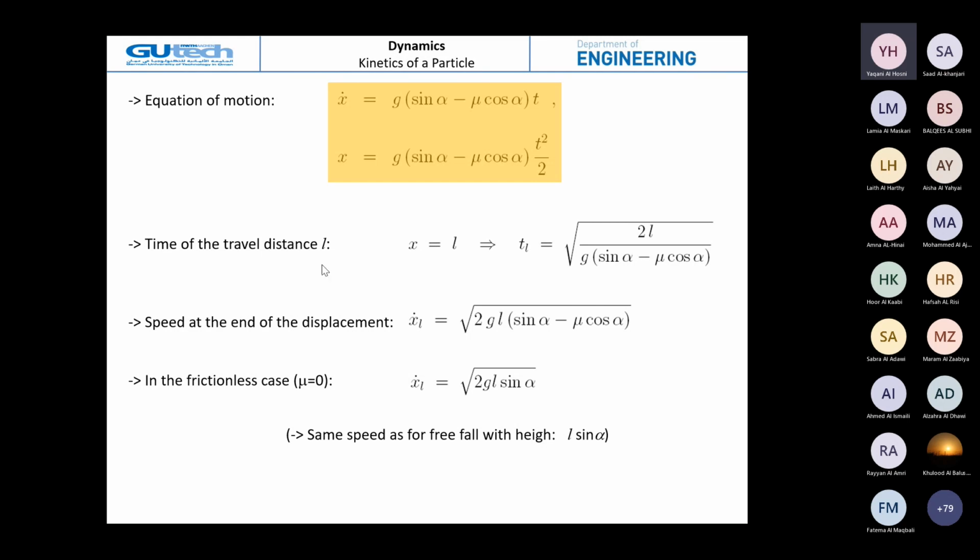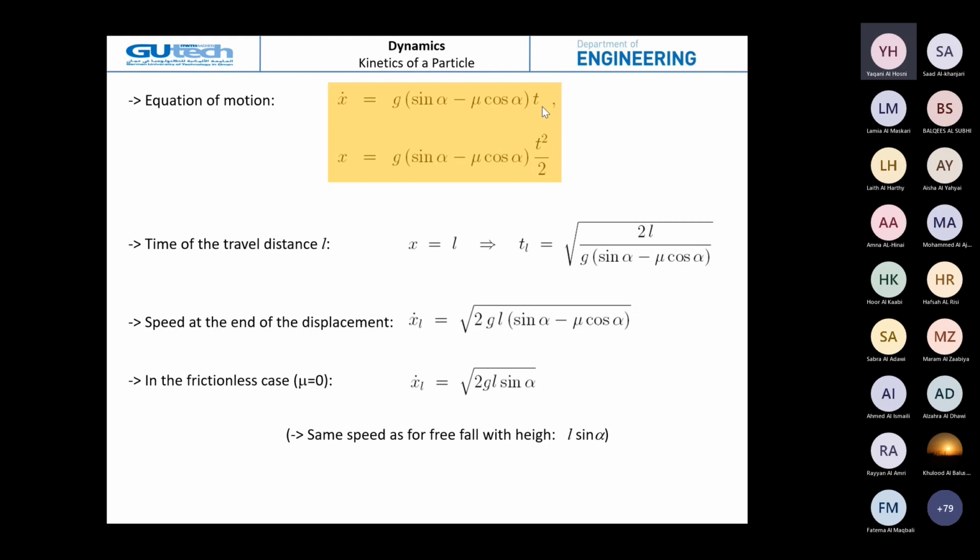Now for the time of travel over the distance L, we set x equal to L, and then we can get the time from this equation, by replacing x by L. If we want to calculate the speed at the end of the motion, we get this equation.